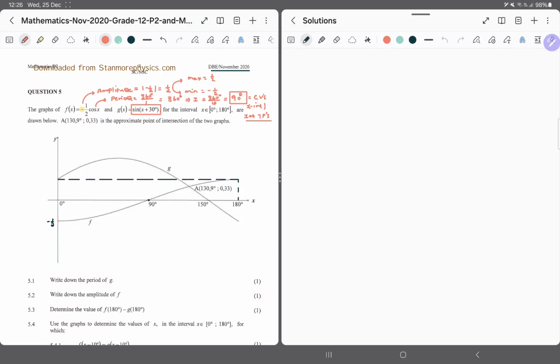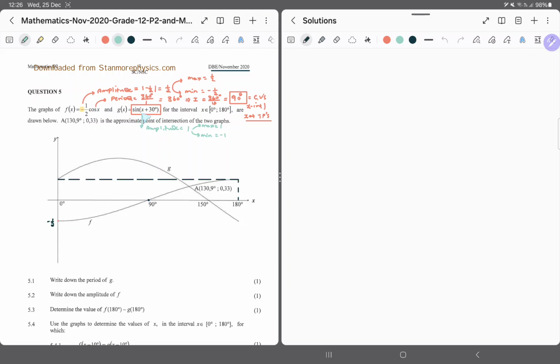Now the graph of G, we can see that essentially the amplitude is 1. So this means our maximum value is 1, our minimum value is the negative version of that, and these are the y values at the turning points.